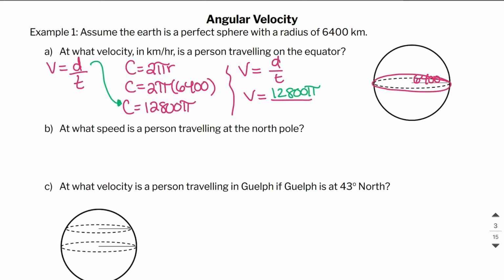Well, the Earth is going to rotate one complete revolution in 24 hours. That's what a day is. So this is going to happen in 24 hours. Now I just have to divide that out and it will tell me how fast a person is traveling on the equator.